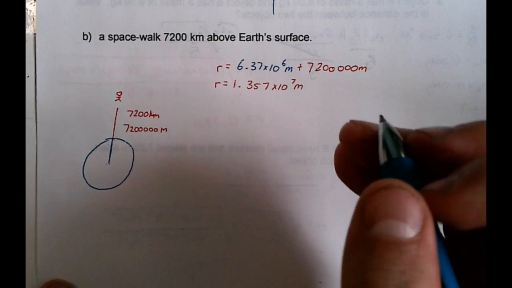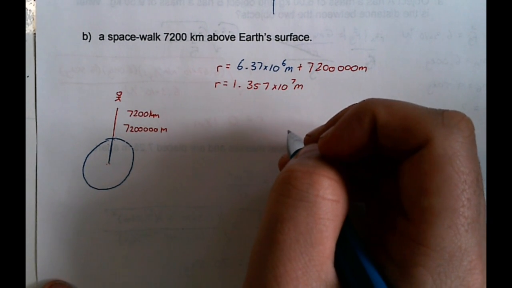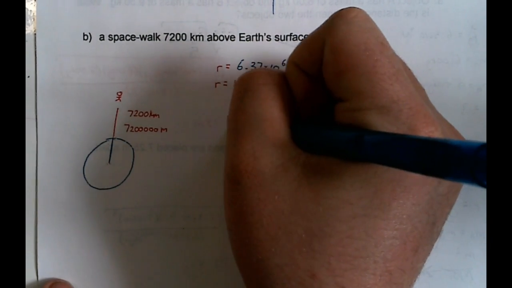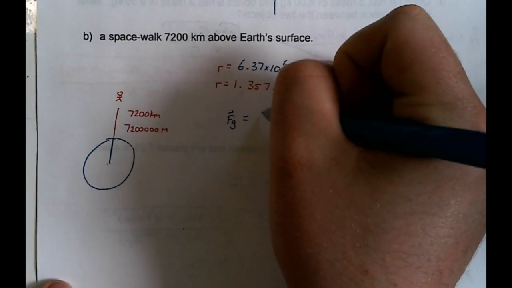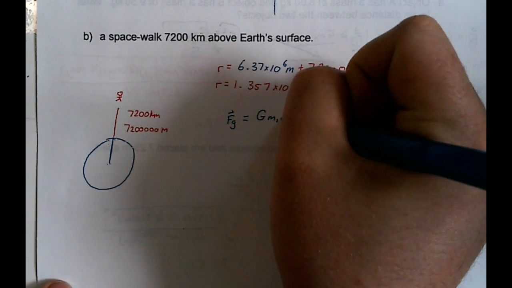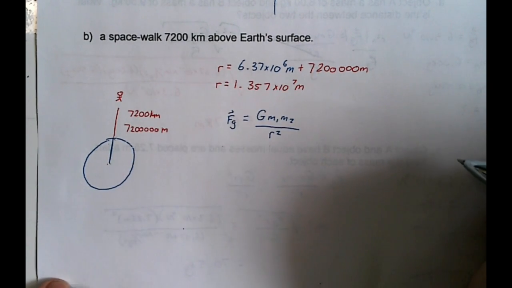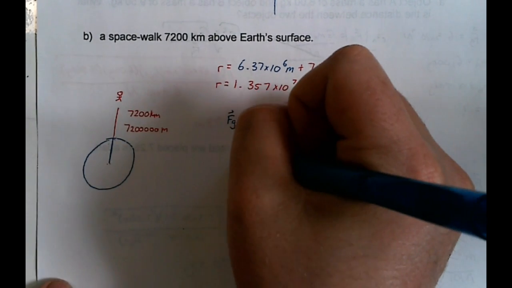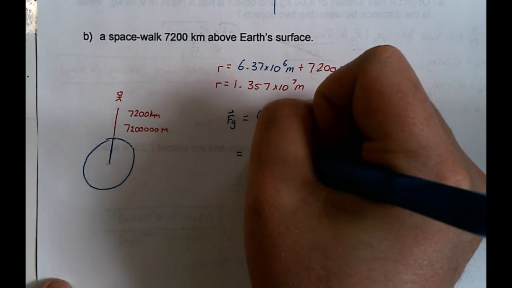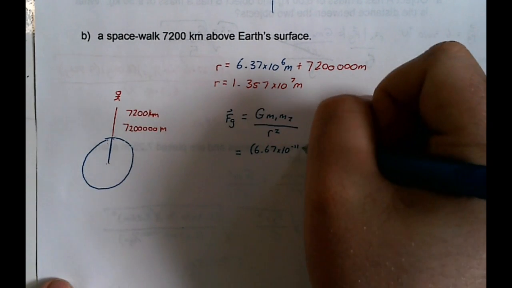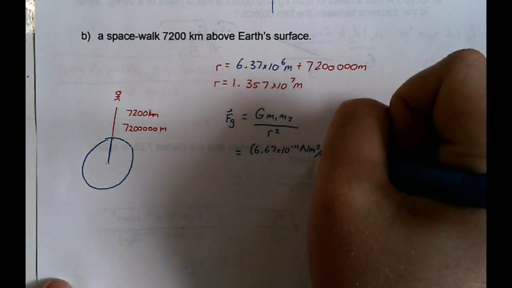So again, we are going to use Newton's law of gravitation, which is Fg is equal to G m1 m2 divided by r squared. Our gravitational constant, 6.67 times 10 to the negative 11 newton meters squared per kilogram squared.